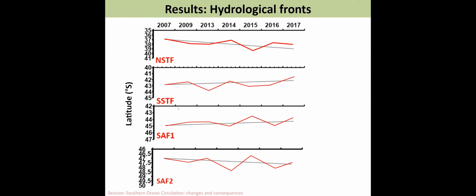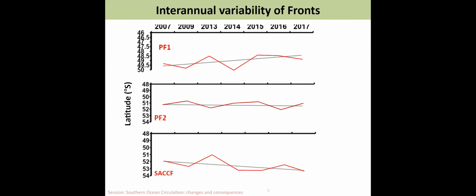As for the subtropical front, we found a slight northward displacement or meandering. For subtropical front 1, we found a very weak tendency of meandering. However, for subtropical front 2, we again found southward meandering. Continuing, polar front 1 shows northward meandering, whereas polar front 2 does not have a clear trend. And the south ACC front also shows southward meandering.